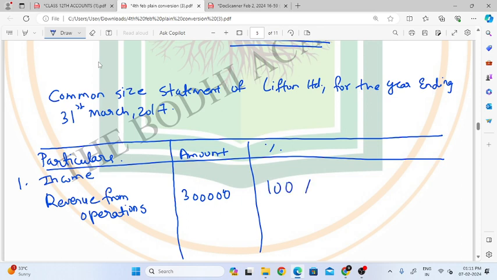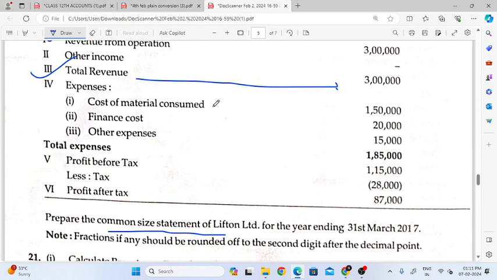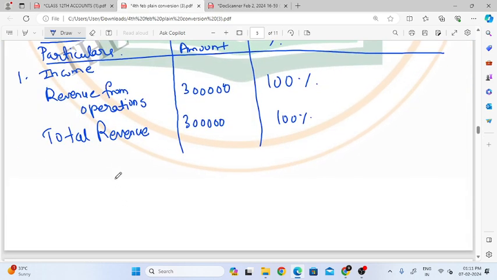Okay, then total revenue also will be the same, 3 lakh and 100%. Then the next what they have given is expenses. Cost of material consumed 1,50,000.